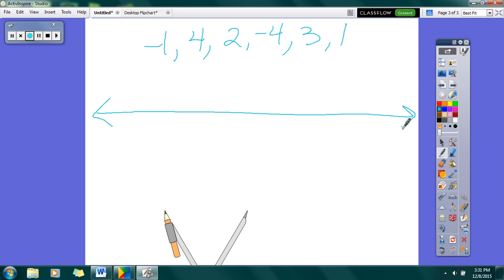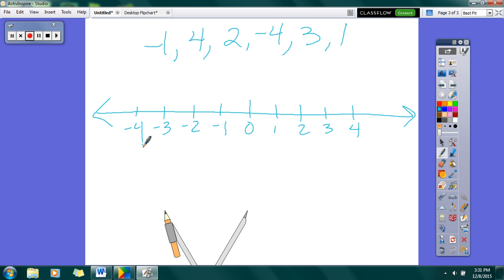I need to figure out a scale. Since I know my biggest number is 4 and my smallest number is -4, I don't need to go very far on my number line. So if I look at this, I'm just going to go by ones. I'm going to put my 0 in the center, increase by 1, 2, 3, and 4, since that's my largest number, -1, -2, -3, and -4, okay?